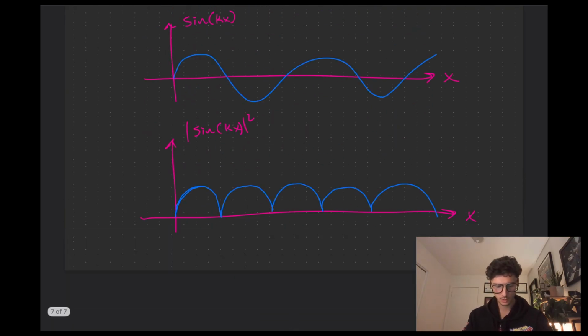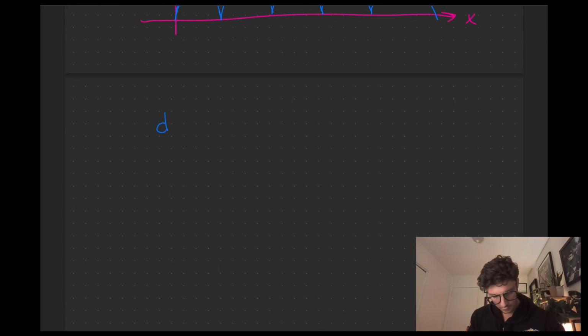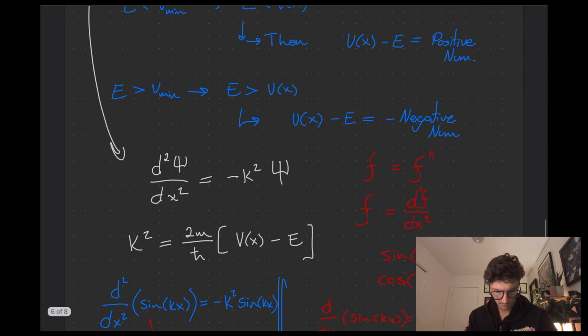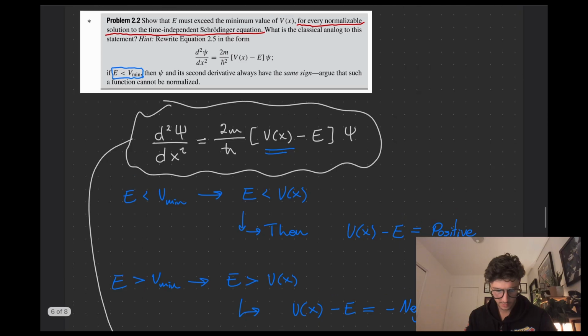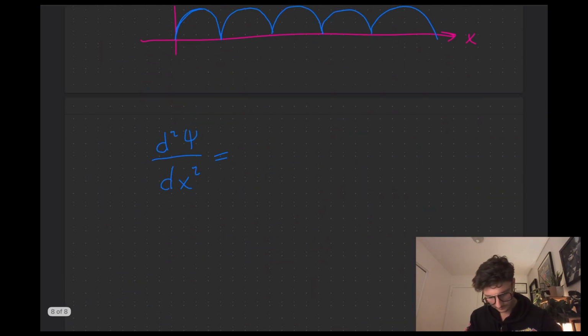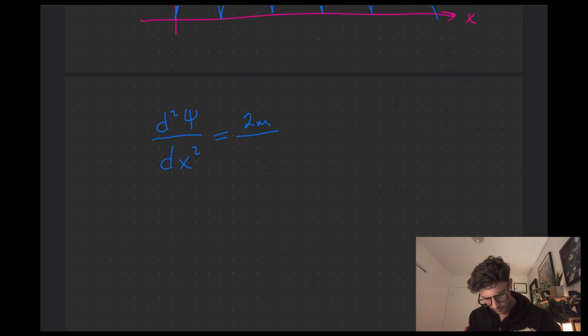So what I wanted to talk about as well is, if you have the Schrödinger equation, here we have, do we have h bar, let me check, 2m over h bar squared, and here we have V of x minus E, psi.